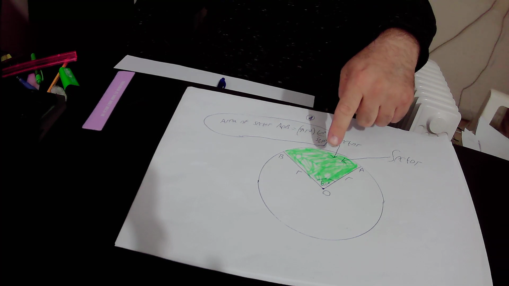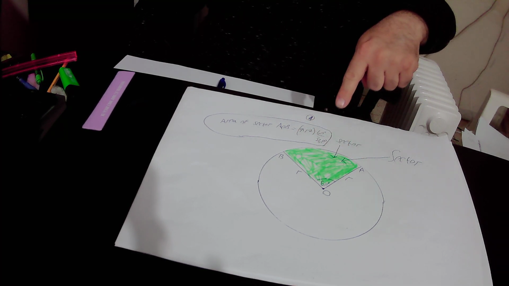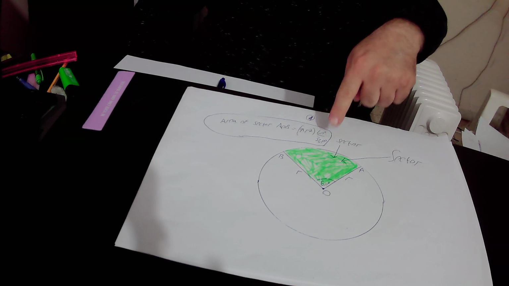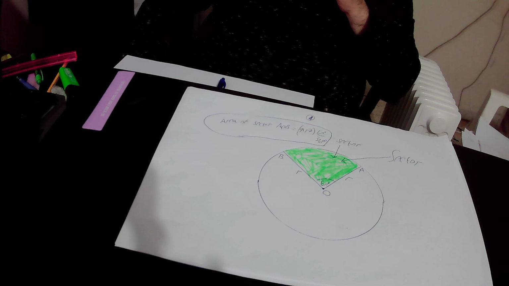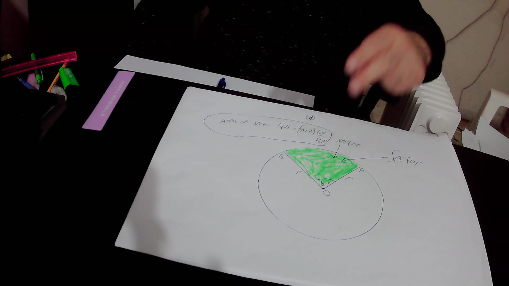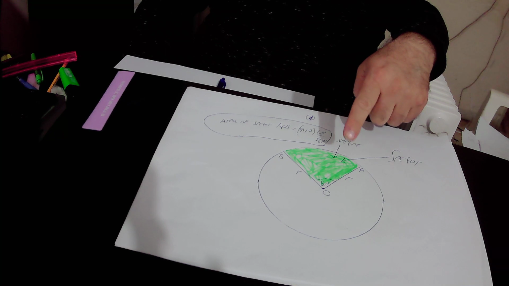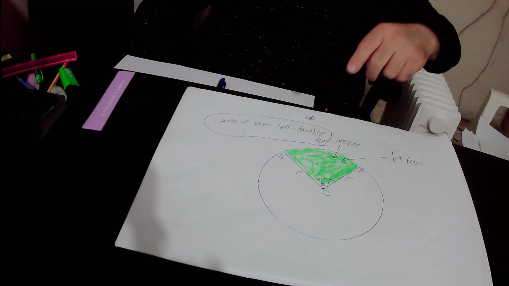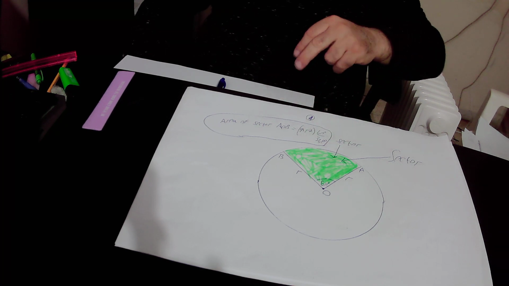In this specific case, the angle between those two radiuses is 60 degrees, so it is 60 degrees over 360 degrees. Again, the area of this sector equals pi r squared times 60 degrees over 360 degrees, when r is the radius of this circle.